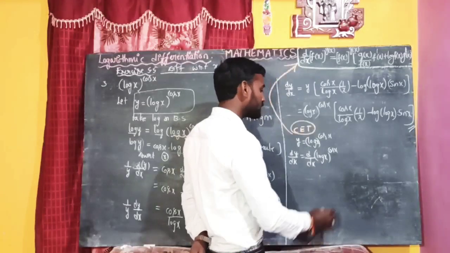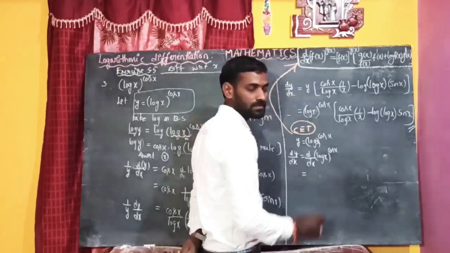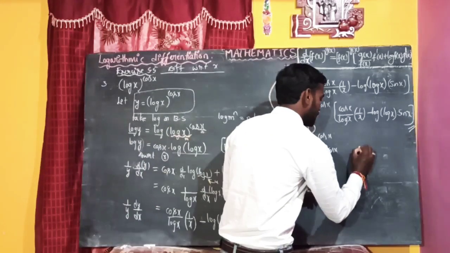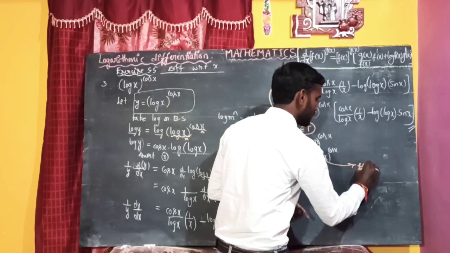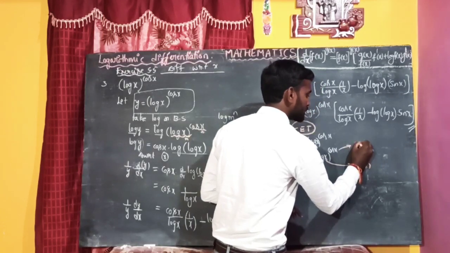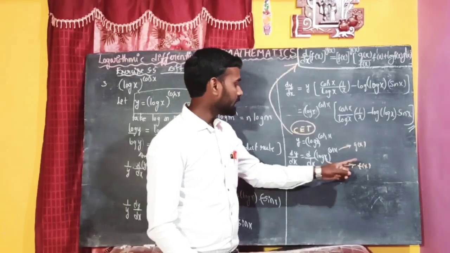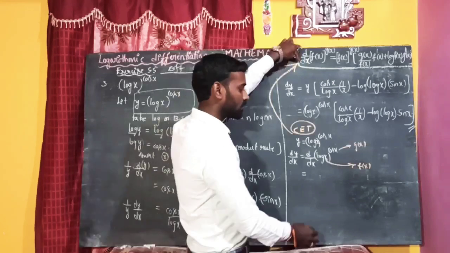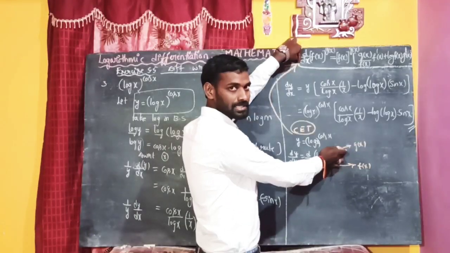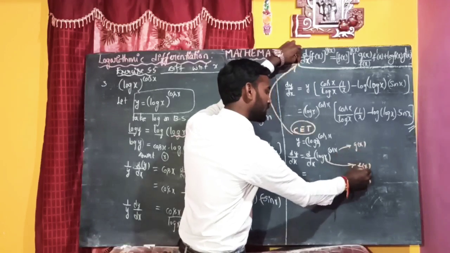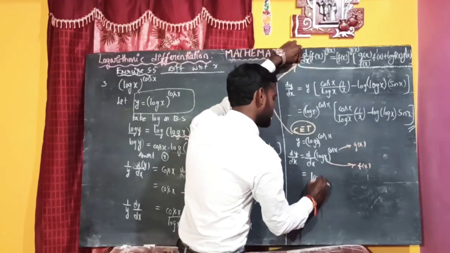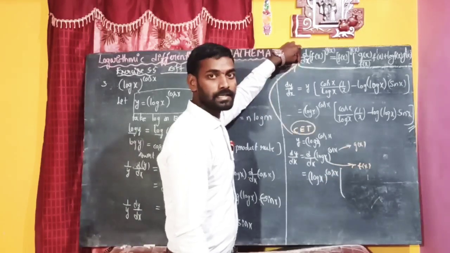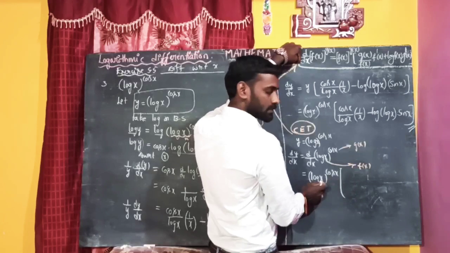Here observe, guys, the derivative of this function: this is f of x, this is g of x. Okay guys, the derivative of f of x to the power g of x can be written, by using this formula, as f of x whole power g of x, that is (log x) to the power of cos x, into g of x by f of x.